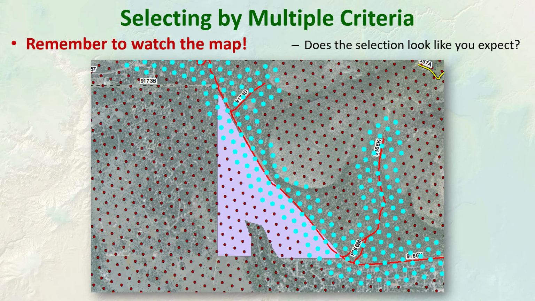Well, this is what having a map handy can do for you. You can see right off that there's a bunch of points selected outside the polygon, and so you can fix it. Sometimes people forget to just look at the map. They forget to look at the results of their queries. They just sort of stumble along, and the error never gets figured out, and so the error propagates through their whole analysis. So just be careful of that.